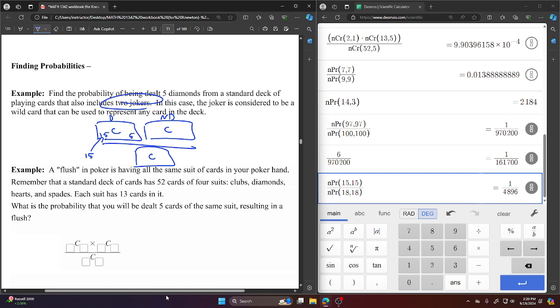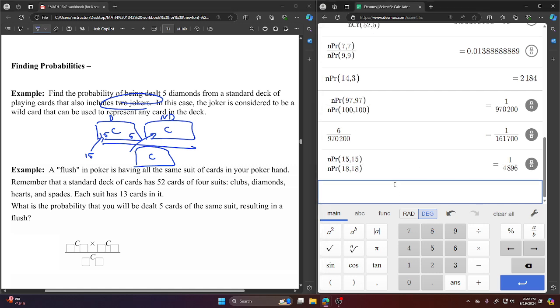Not diamonds. How many not diamonds do we have? A lot. So let me just make sure here. So 52 minus the 13 is 39, actually, because again, those wild cards represent diamonds in this particular case. How many of the not diamonds am I actually having, though? I have 5 diamonds out of 5 cards. How many are not diamonds? 0.